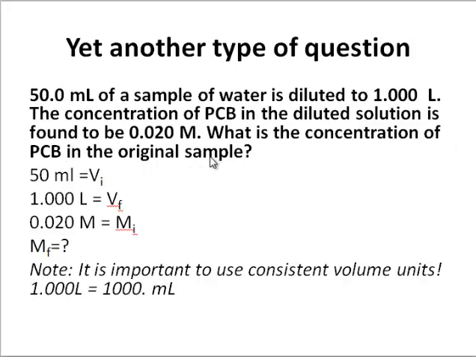All right. So a sample of water is diluted, and the concentration of diluted sample is 0.020 molar. Question asks for the concentration in the original sample.